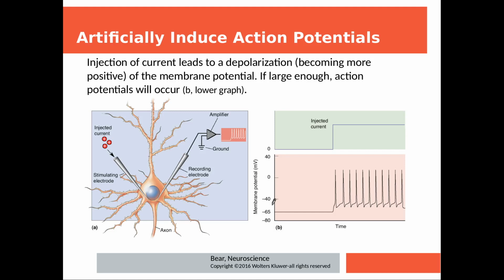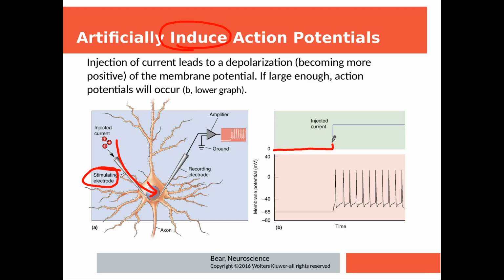And we can study action potentials, or understand them, by inducing them, causing them to happen artificially. We can do that by using what's called a stimulating electrode to inject current. Basically, we inject electrons into the inside of the cell. So this is an artificial thing, right?